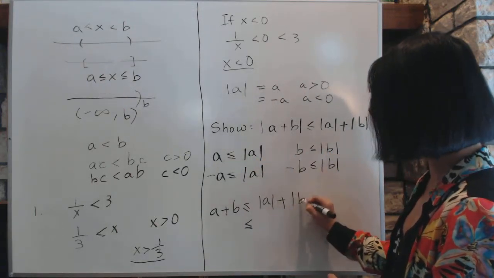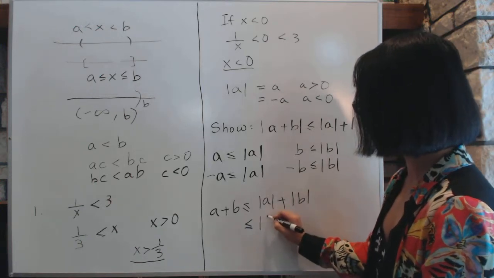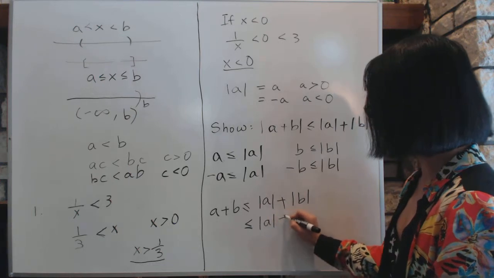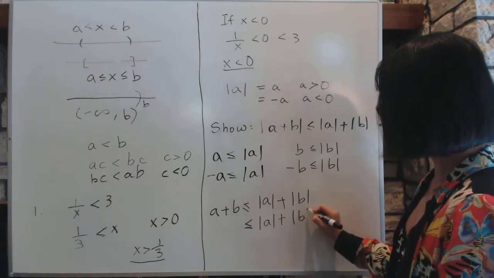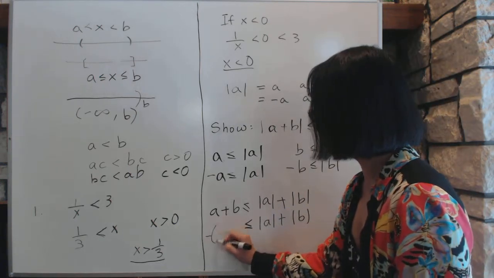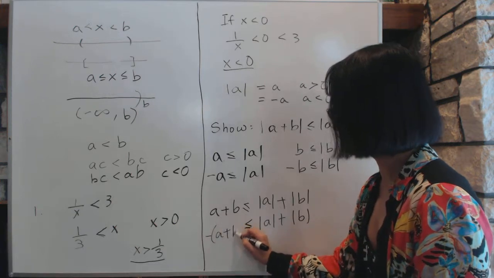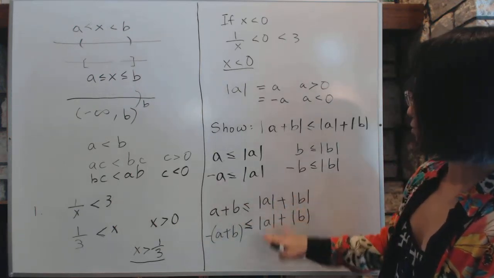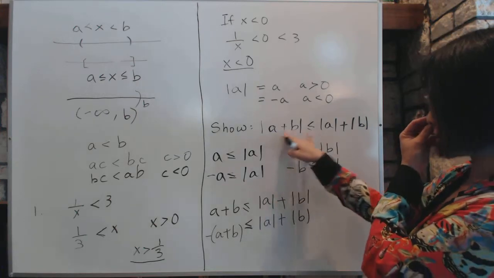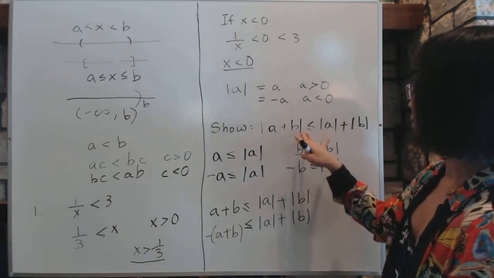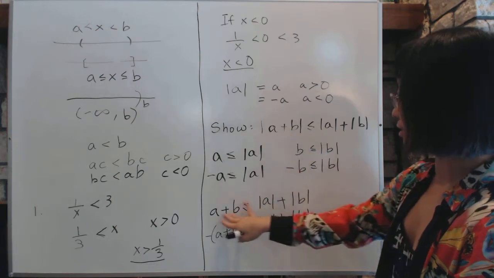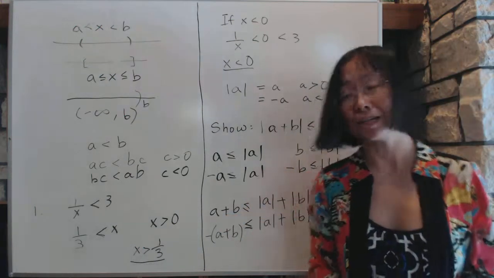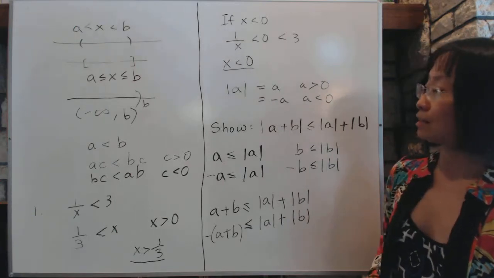So it's A plus B again, and then this one is bigger than or equal to negative A plus B. Now these two inequalities together say the same thing as this, because this value is either that or that. So these two inequalities prove what we were trying to prove in the beginning, and it comes out very nicely.